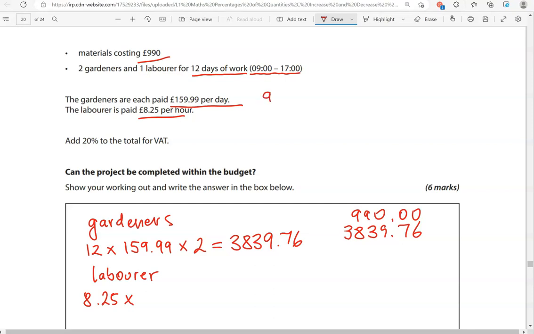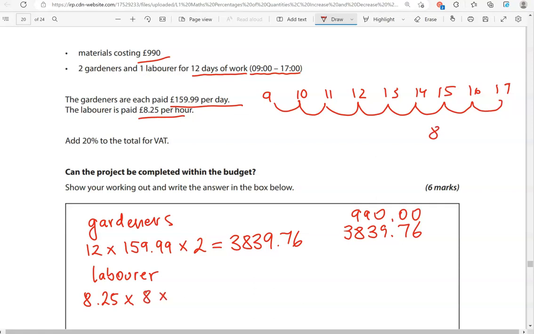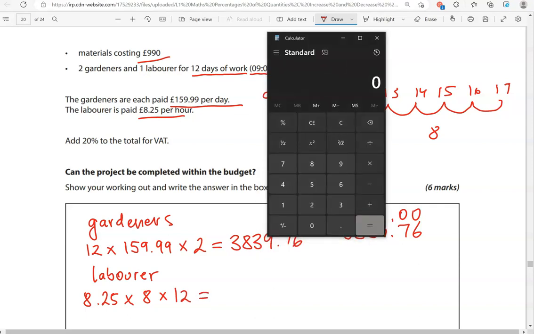From 9 to get to 10, and then 11, 12, 13, 14, 15, 16, 17, that is 1, 2, 3, 4, 5, 6, 7, 8 hours. So times 8, and that's for 12 days, so times 12 as well. So 8.25 times 8 times 12 gives us £792.